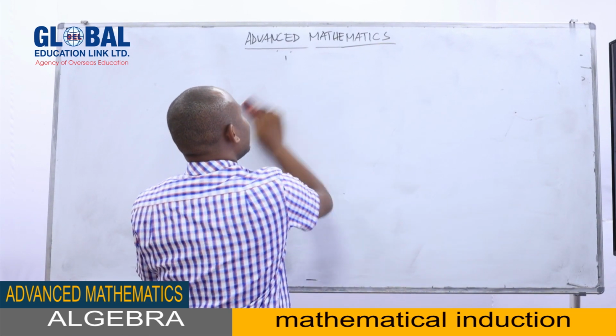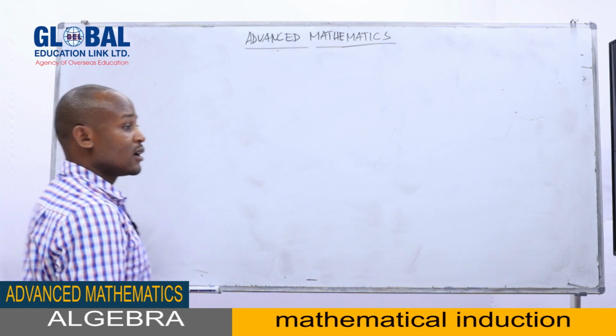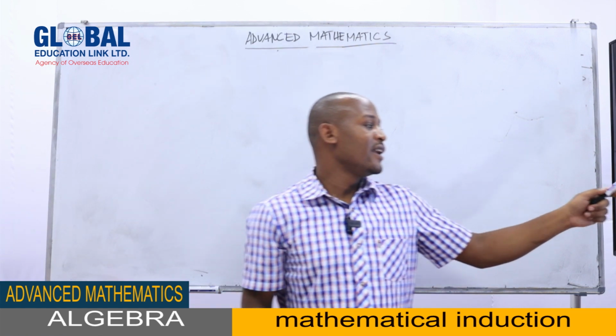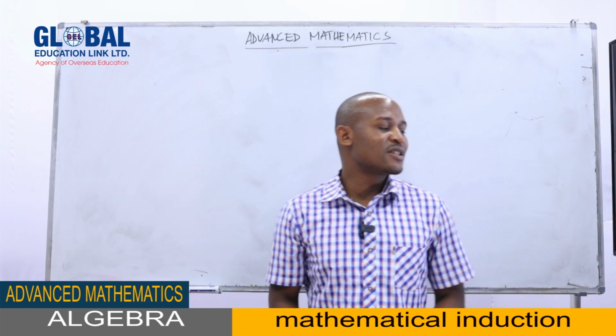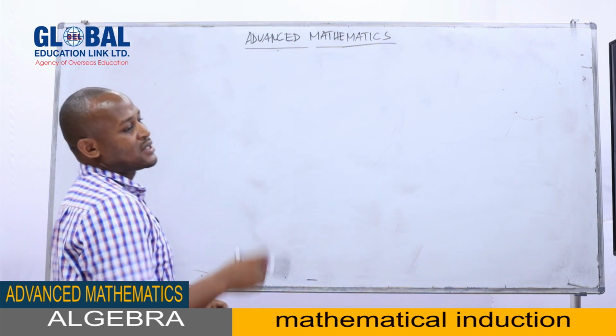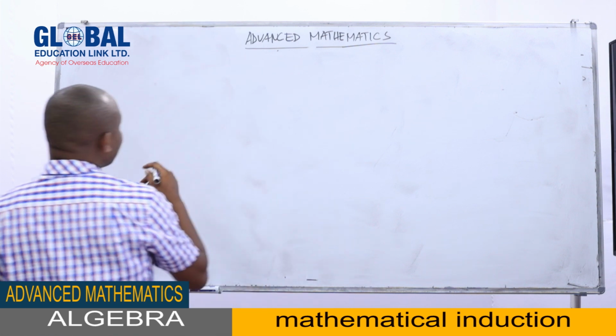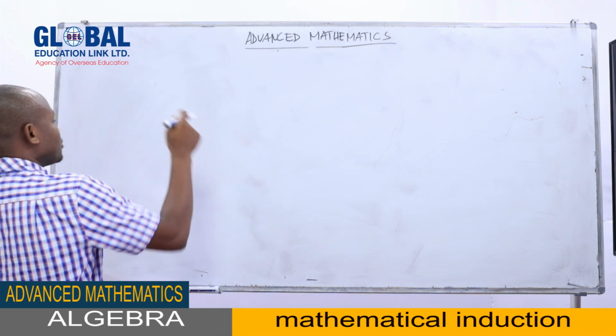Now another kind of question we have been given says n cubed plus 2n is divisible by 3. We have to prove that this is true for all positive integers n. How are we going to show that?